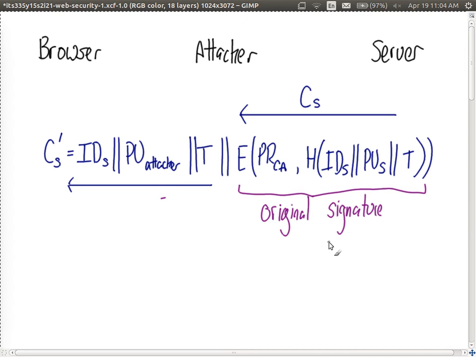What happens next? You're the browser, what are you going to do now? Decrypt for the purpose of verification. Decrypt what? Using what? You just received the certificate from what you think is the website you're trying to access.